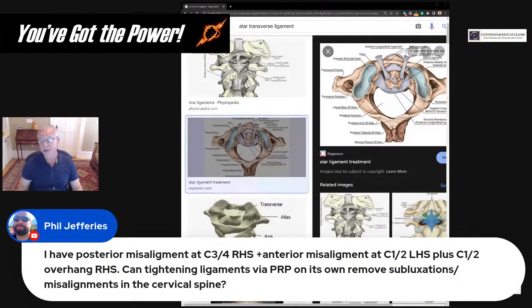Instability is a movement-based concept. So looking at a DMX or a cervical flexion extension x-ray, if there's motion between those areas, then yes, we can tighten that down via posterior PRP injections. If it's C1, C2, that tends to work less often, and we usually need to directly inject from the front, and that's the PICL procedure. So I need to know more about what's happening when you move, because that's how instability is defined.